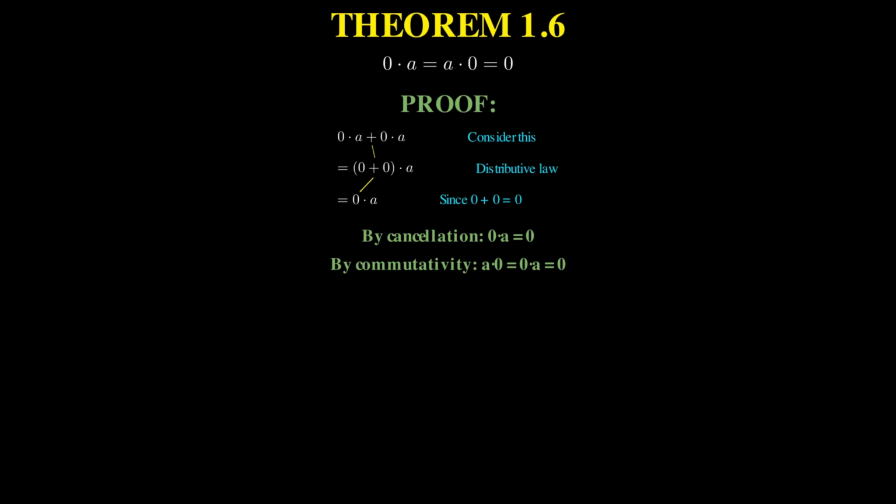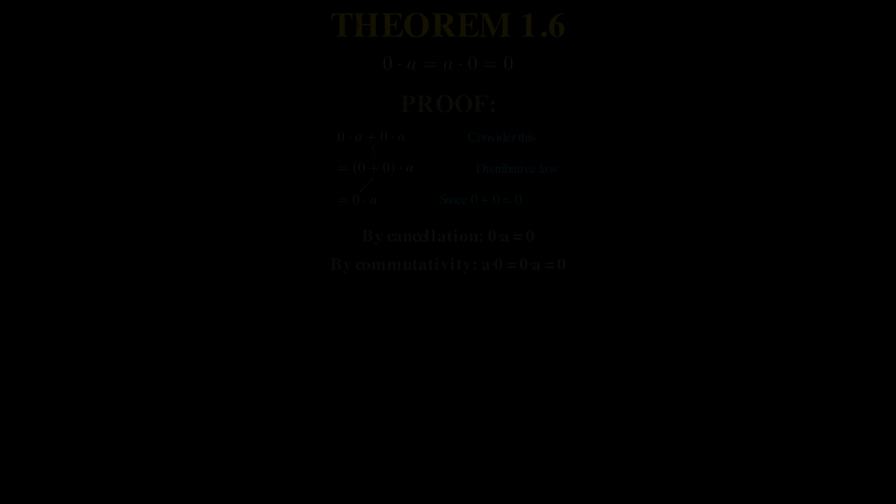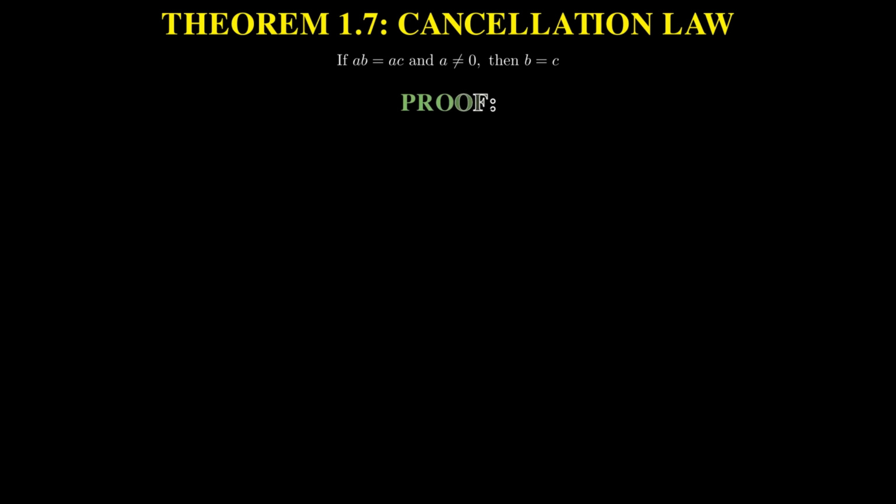Theorem 1.7, the cancellation law for multiplication: if a times b equals a times c, and a is not equal to 0, then b equals c. Proof. Given a times b equals a times c and a not equal to 0. Since a is not equal to 0, we can multiply both sides by a inverse: a inverse times (a times b) equals a inverse times (a times c).